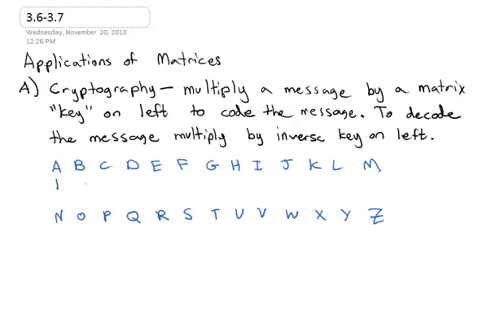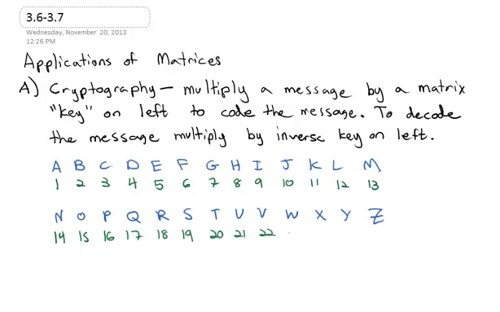So A is 1, B is 2, C is 3, and so on up to Z, which is 26. And if we need a space or any extra characters, we'll use 27 for the space to separate words.